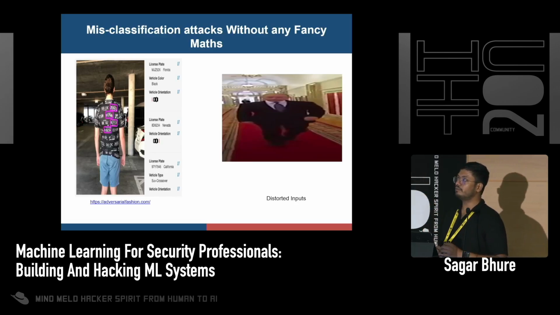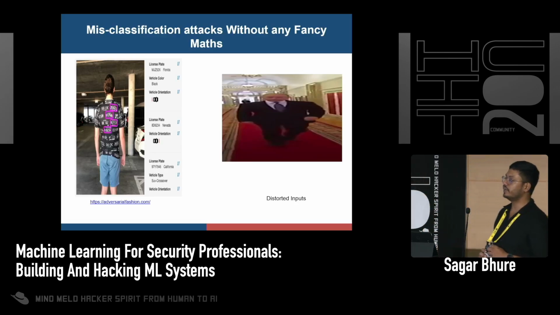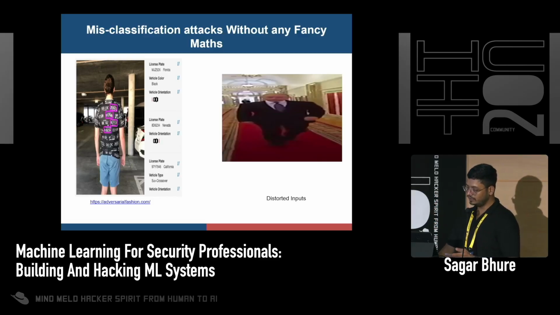Another example of misclassification is distorted inputs. Maybe the pre-processing part of the machine learning is not good enough to bring the image back in proper shape. So if you have a distorted image, this guy on the right side can be predicted as someone else, without any fancy mathematics.